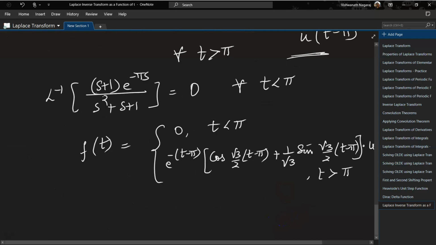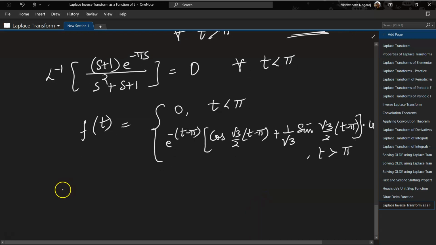So that is writing the Laplace inverse as a function of t. That's it for now. Bye.